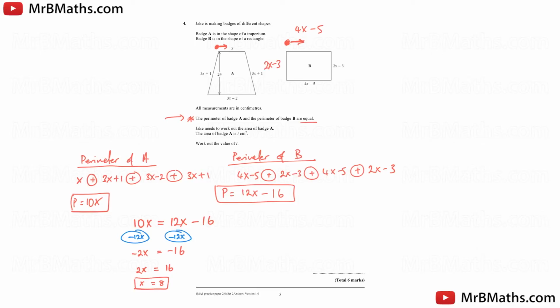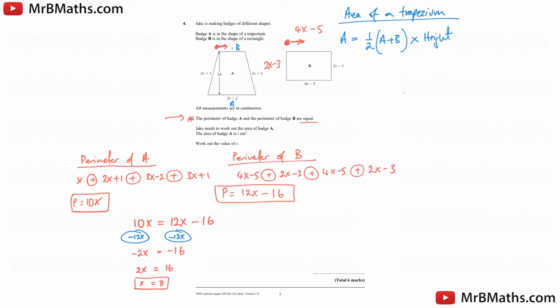So if I write up here, area of a trapezium, that is area equals half the sum of the parallel sides. If I call this A and this B, they're the parallel sides, so half the sum of the parallel sides times the height between them.